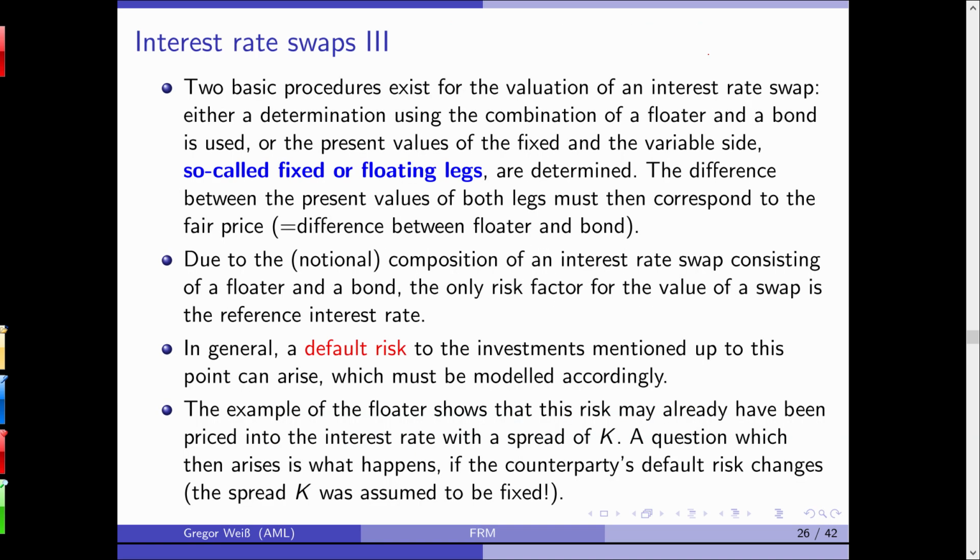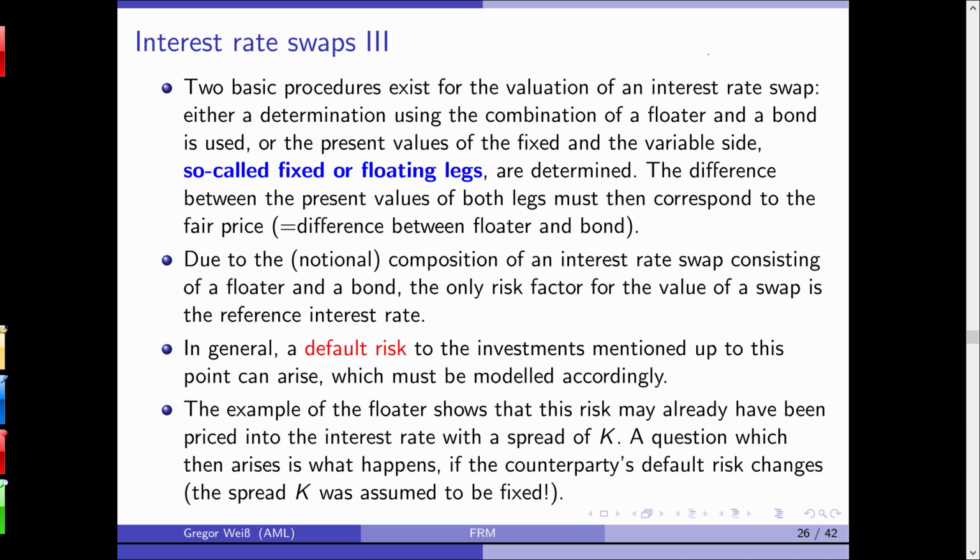Okay. So valuation is actually quite simple for a swap. Valuation is done by taking the two legs of the swap contract and valuing each leg separately, and you see it's floater minus bond. Now, you could also model the default risk, but we've already seen this.